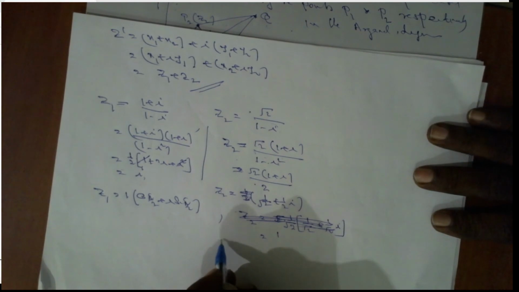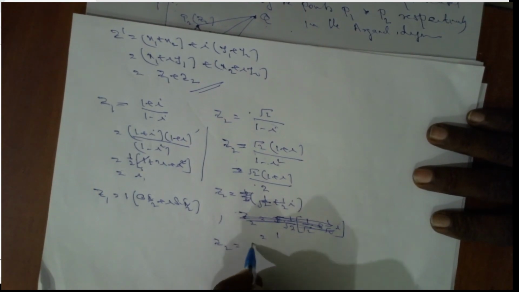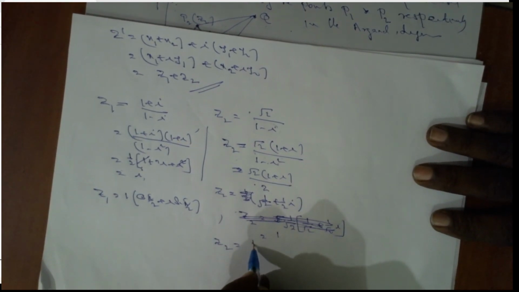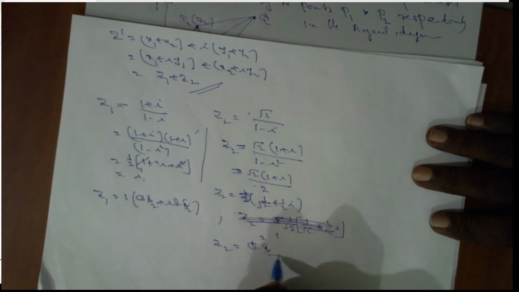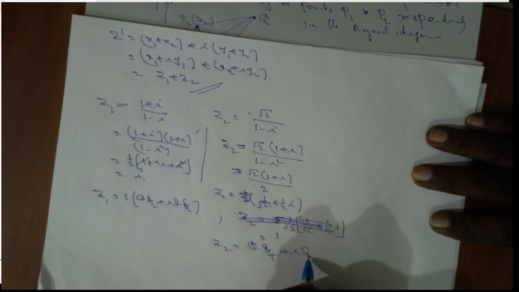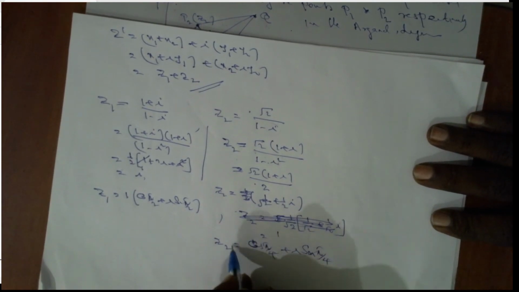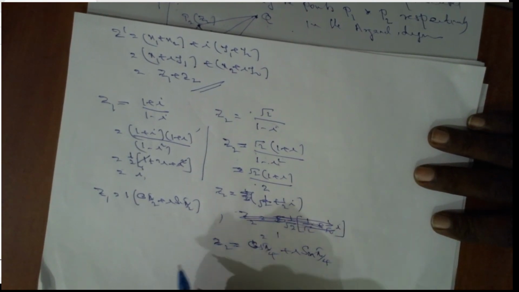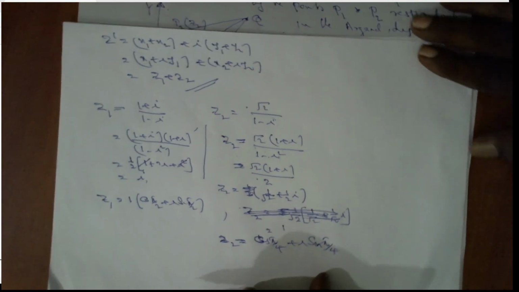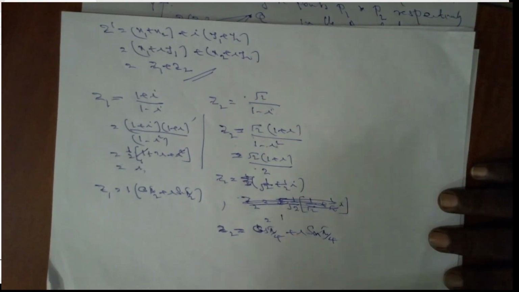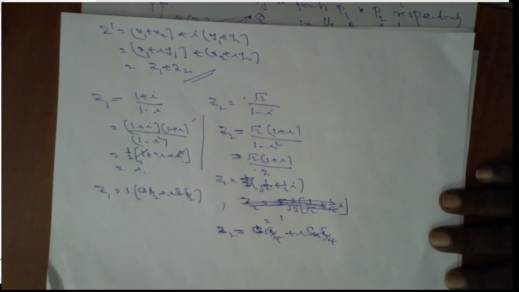So C2 equals 1 over root 2 times cos pi by 4 plus i sin pi by 4.